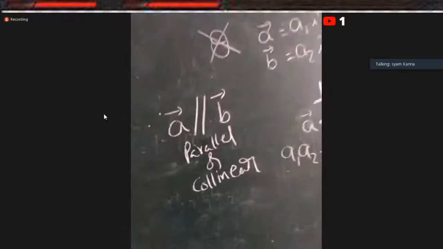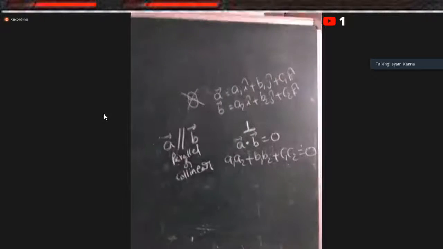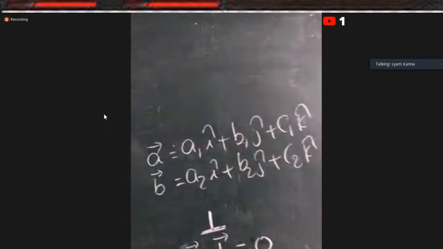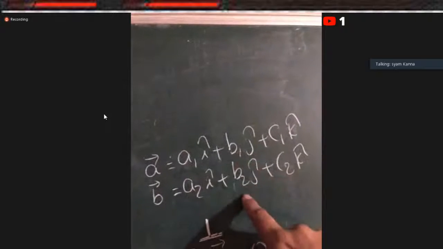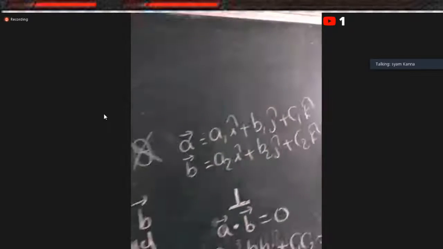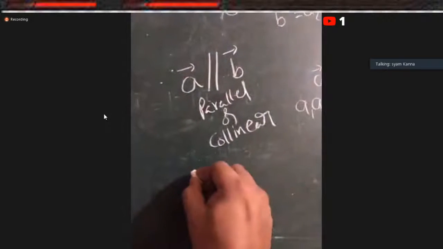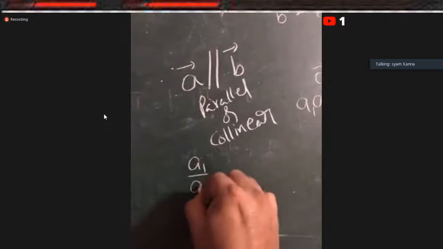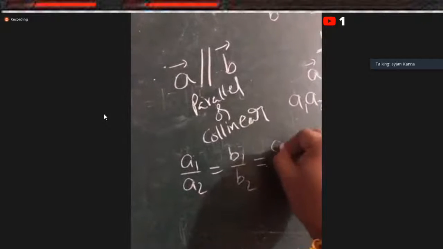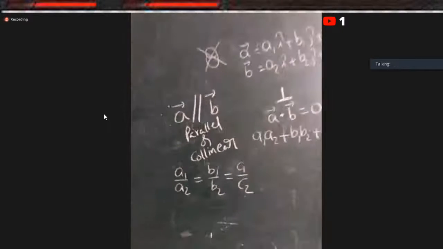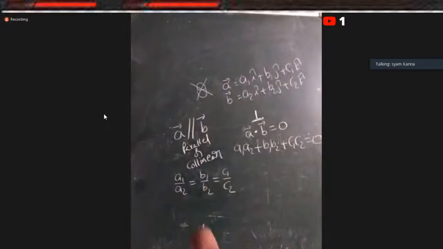If two vectors are parallel or collinear, then their direction ratios will be proportional to each other, meaning A1 by A2 is equal to B1 by B2 is equal to C1 by C2. Perpendicular means that formula. Parallel or collinear means this formula.